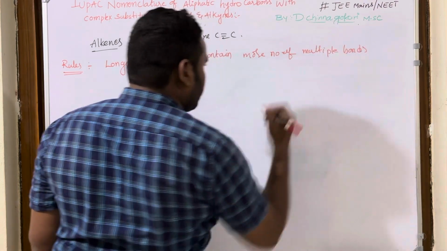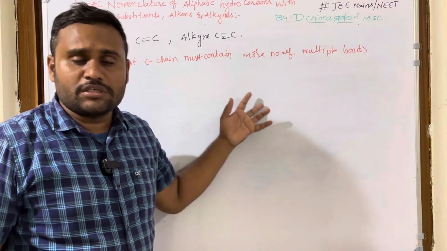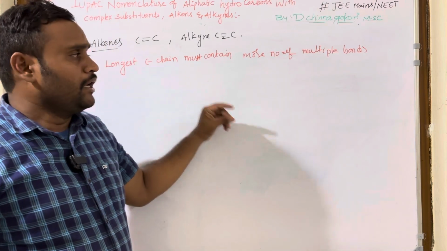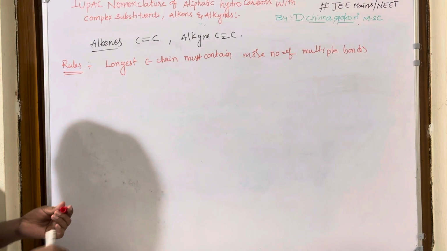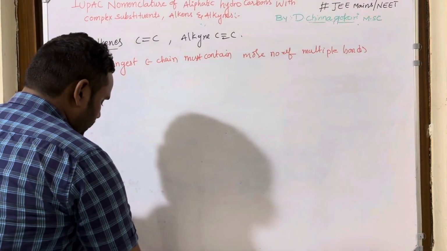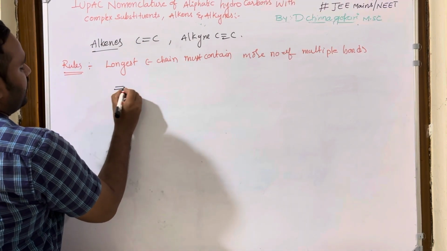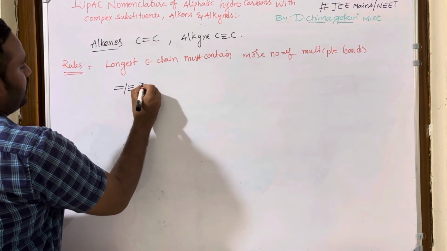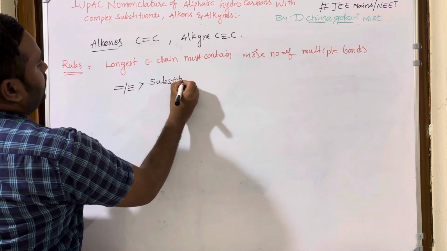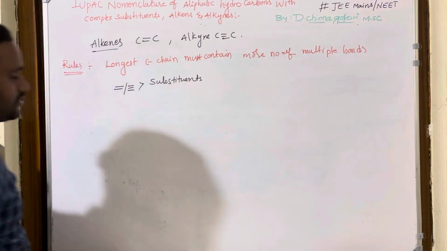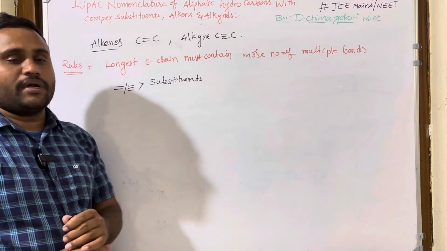This is the only rule we are going to add. Even though the longest carbon chain contains fewer carbon atoms, it should contain the multiple bonds when they are present. So we can make one priority order: first we should give priority to the double bond or triple bond, and only then to the substituents.